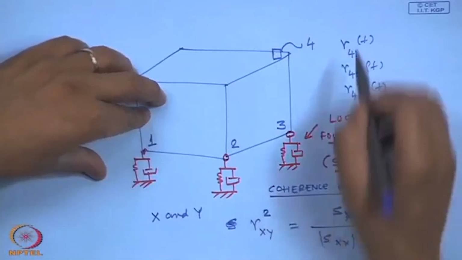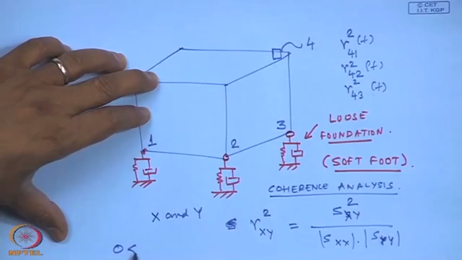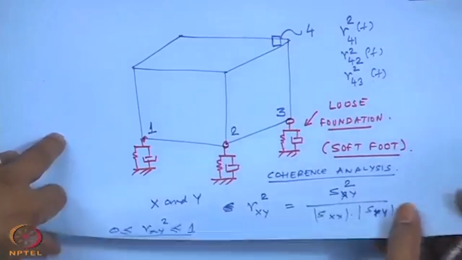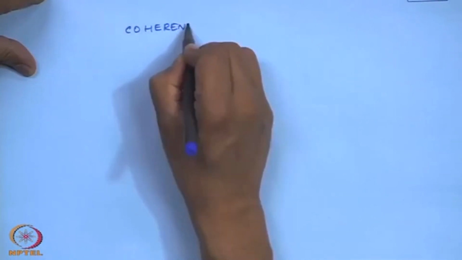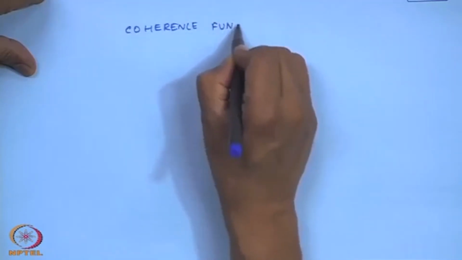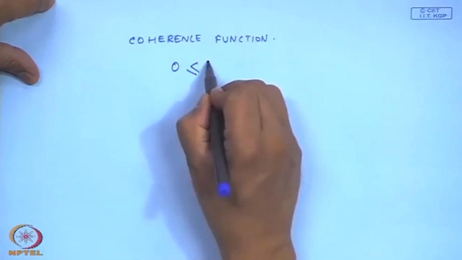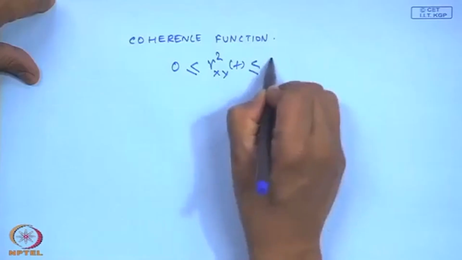Okay, and this is actually denoted with a square because of the square term, and the value of this is between 0 and 1, that is, gamma xy squared is less than or equal to 1, and this is known as the coherence function. So, the value of this, in the frequency domain, is 1.